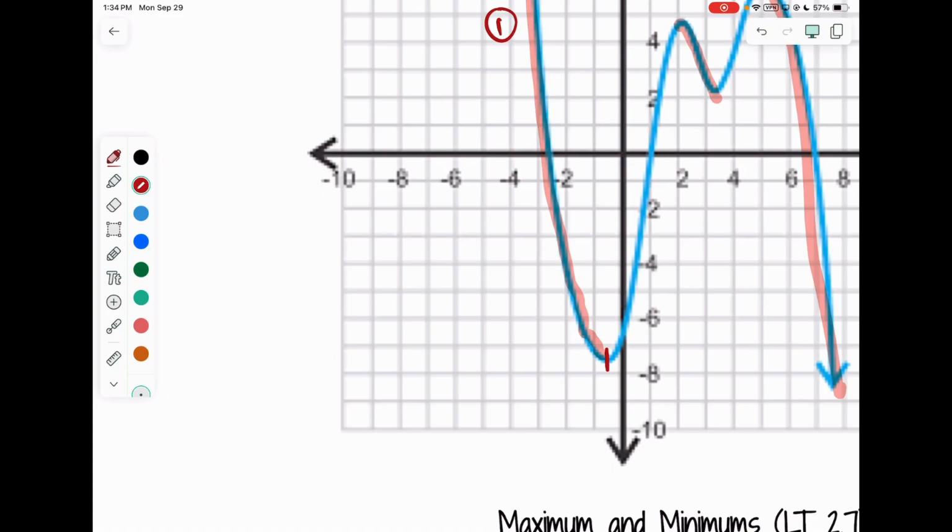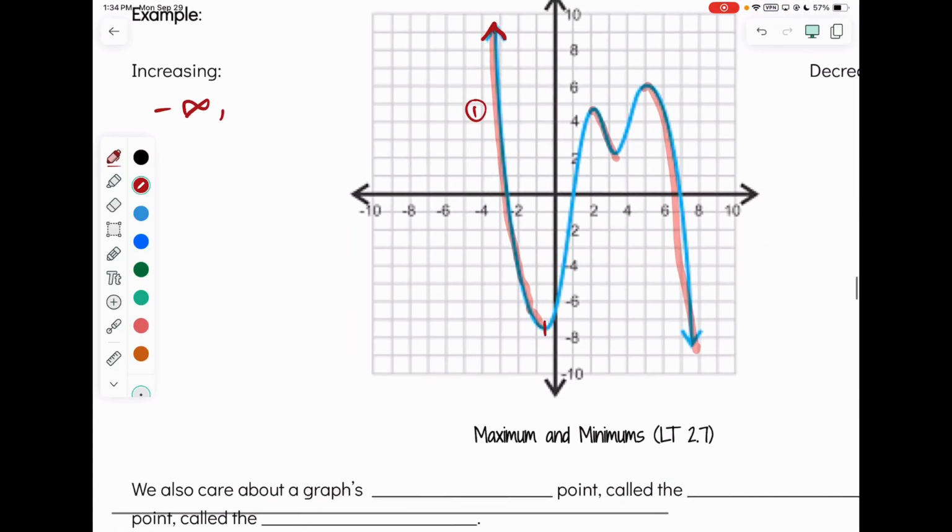So I would say negative 0.5, and they're both directional. They are not inclusive. At negative 0.5, that turning point is neither increasing nor decreasing, but it's up to that point. Okay?